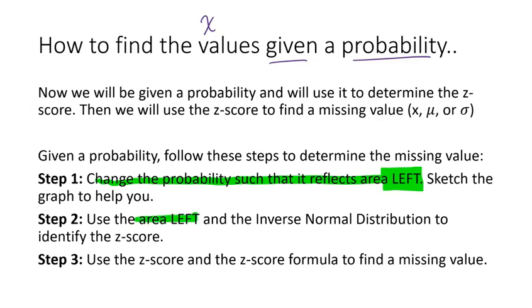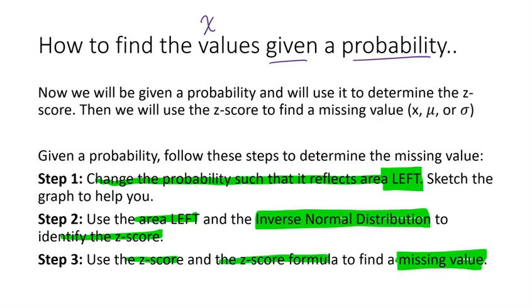But if you have the area left, then there's this thing called the inverse normal distribution that allows me to back up and find the z-score. If I know the z-score and the z-score formula, I can then find my missing x value. So essentially, we're going to work backwards.